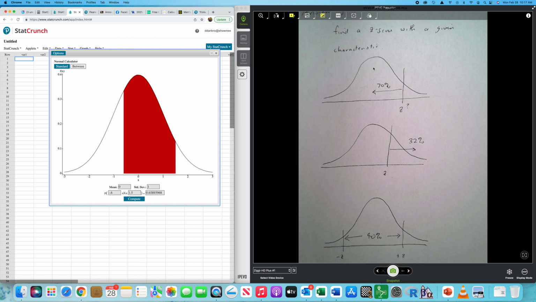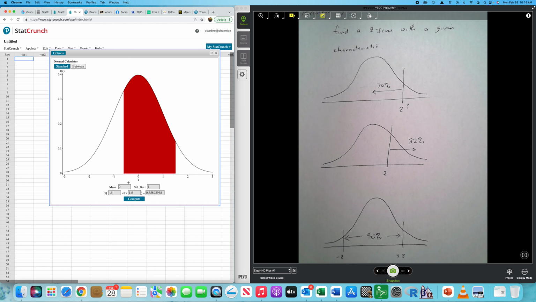Because the mean separates the distribution into two equal parts, I know that 50% of the distribution is below the mean. Just injecting a little bit of common sense there. So I know to get 70%, this z-score has to be to the right, bigger. The line has to be to the right because the area is bigger than 50%. So I have to move this way.